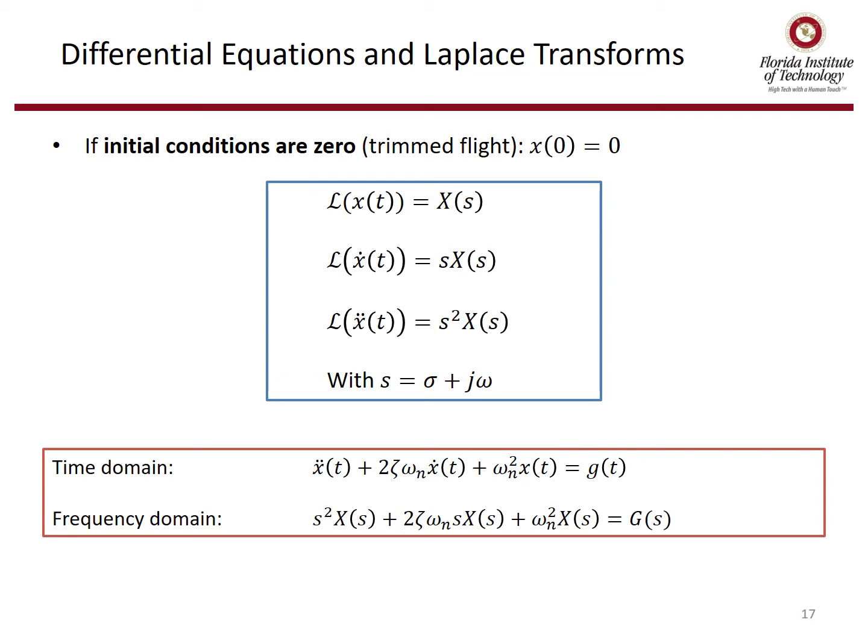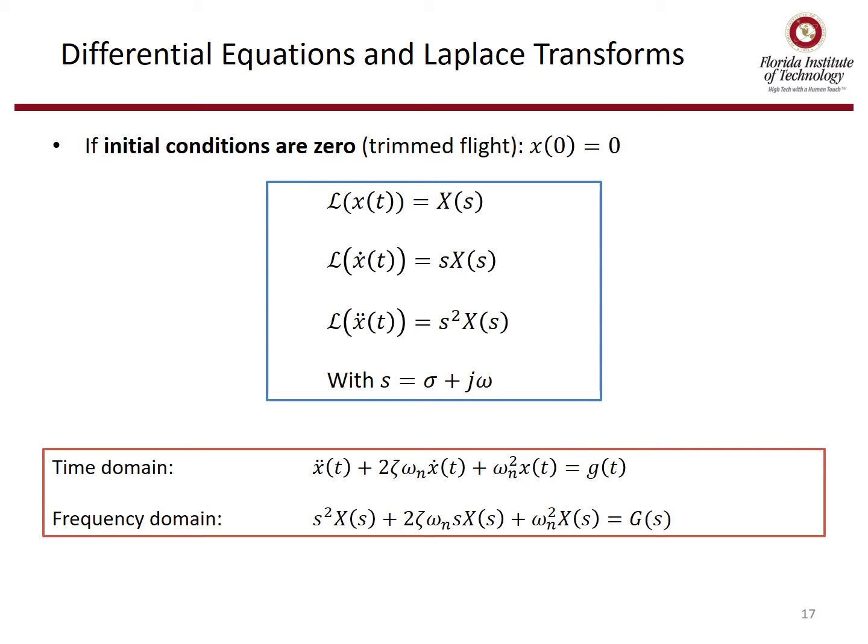So one derivative, or x dot, is now s times a function X. Two derivatives, x double dot, is now s squared times a function X. And so we can take a time domain second order differential equation like x double dot plus 2 zeta omega n x dot plus omega n squared x equals g of t, and then show what the Laplace transform of that is.